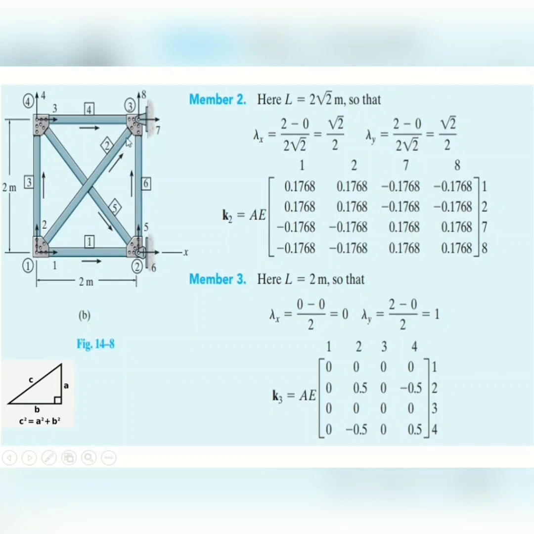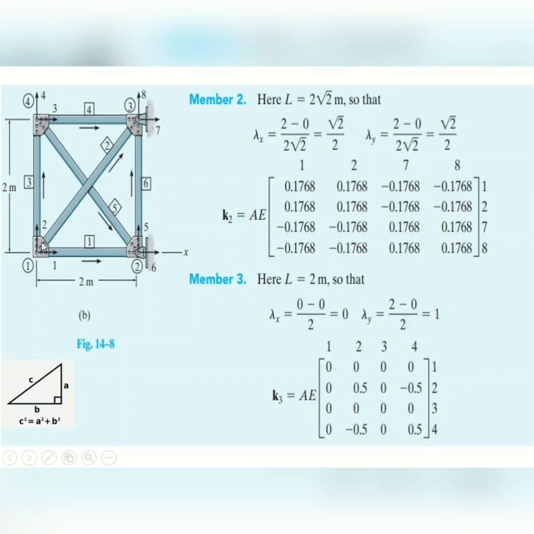So we get our member's x distance as x2, which is 2, and this is our x1, so 2 minus 0 divided by L, which is this member's length, 2 under root 2. So now we are finding our m, which is lambda y. Lambda y starts from 0 vertical distance, which is the first point, and the second point is 2.